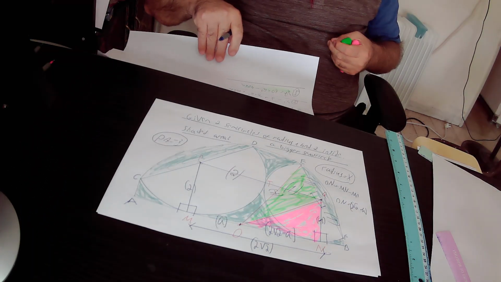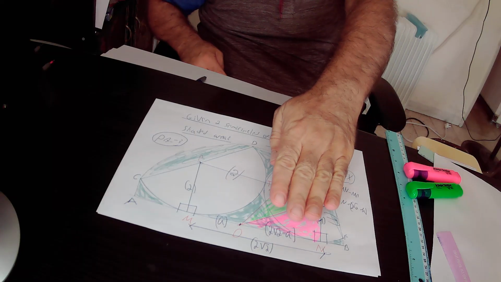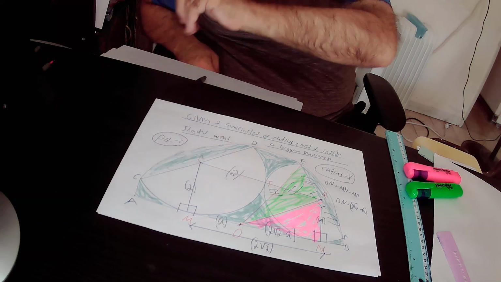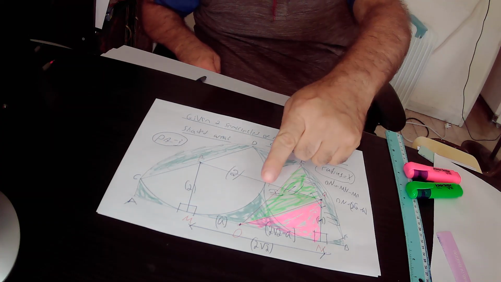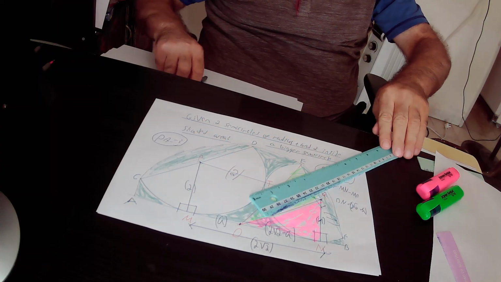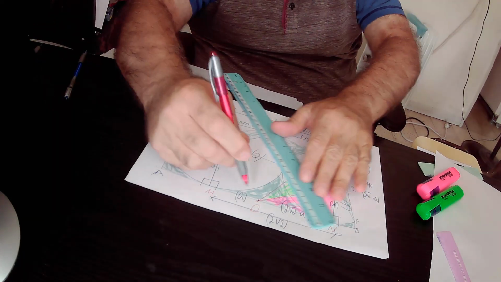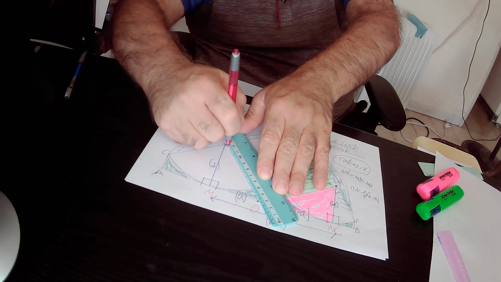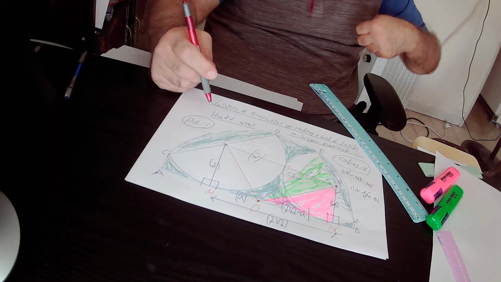In the next step, we repeat the same process that we did on this side of this big semicircle, on this side of this big semicircle. That is to say, we join points O and P together by a straight line. Point O is the center of this bigger semicircle.